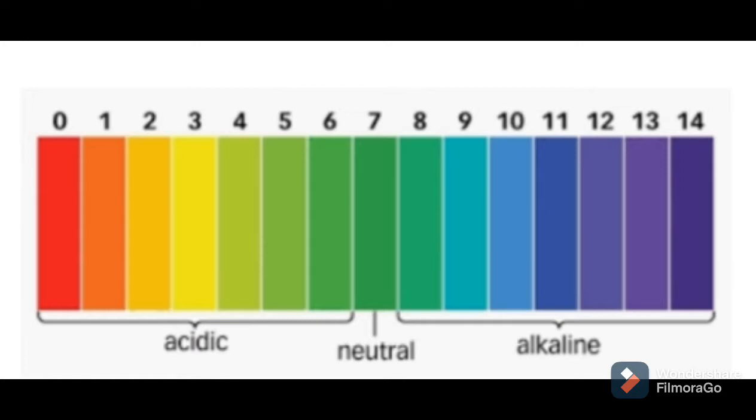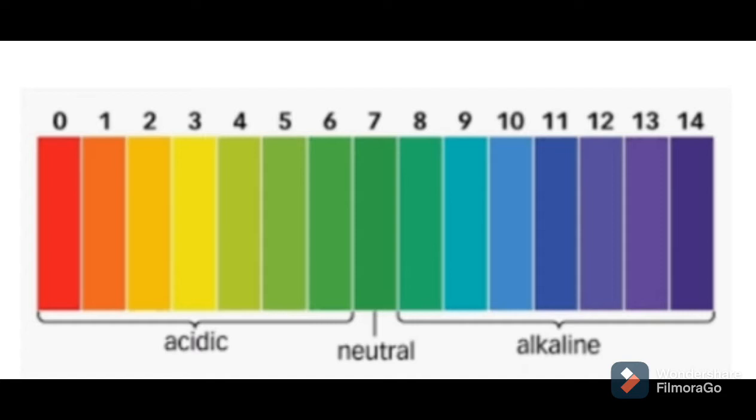I again repeat, if the pH is less than 7, it is acidic; if greater than 7, it is basic; and if 7, the solution is neutral. And the pH scale ranges between 0 to 14.